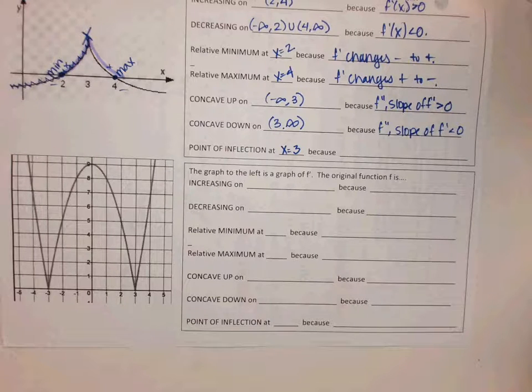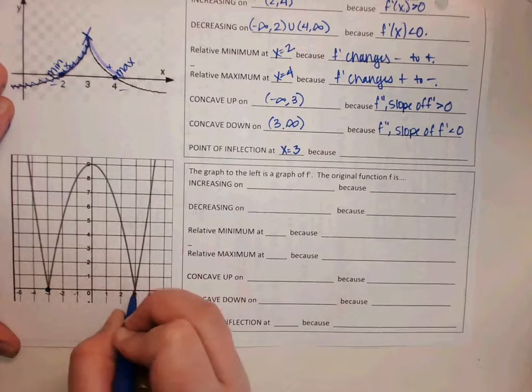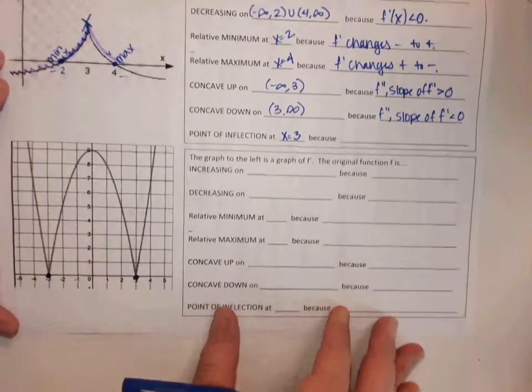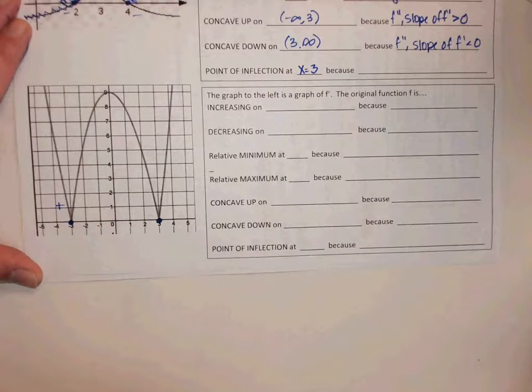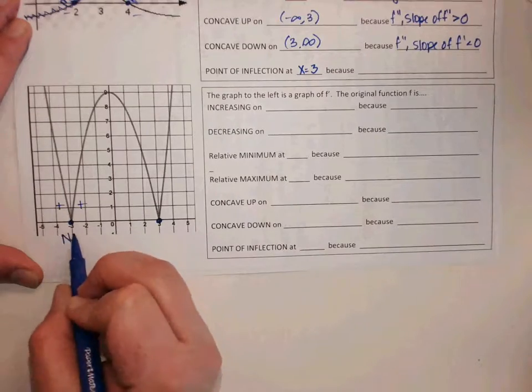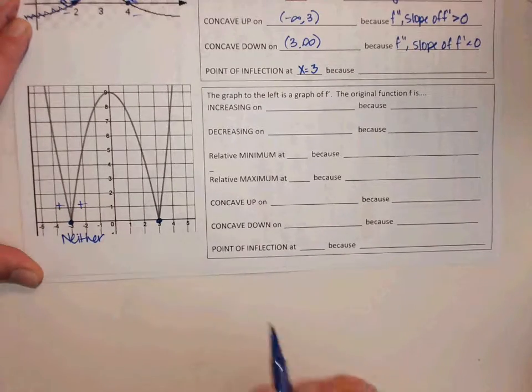How many critical numbers do I have? 2. So I have 1 at negative 3, I have 1 at 3. What's the sign before negative 3, above or below? Above is positive. Is that a min, max, or neither? That's a neither. Then I look at 3.